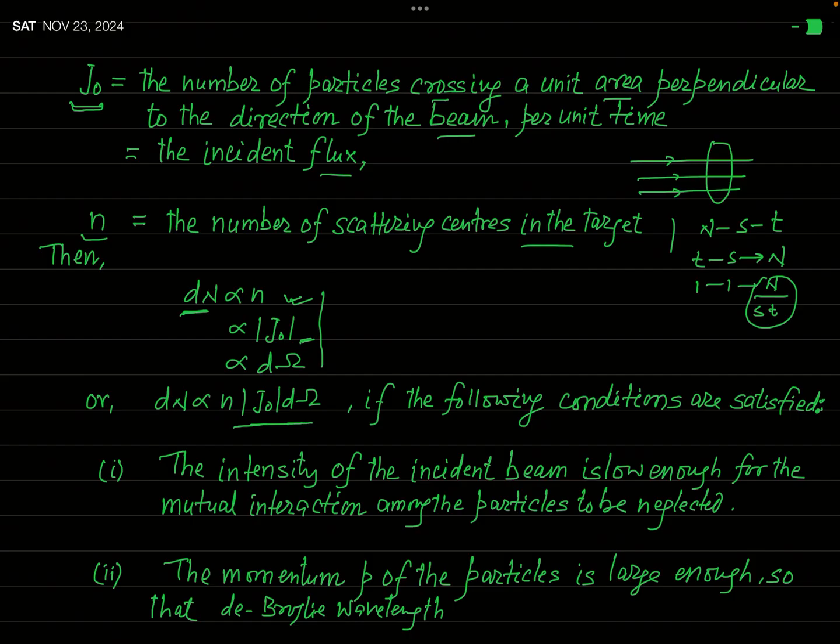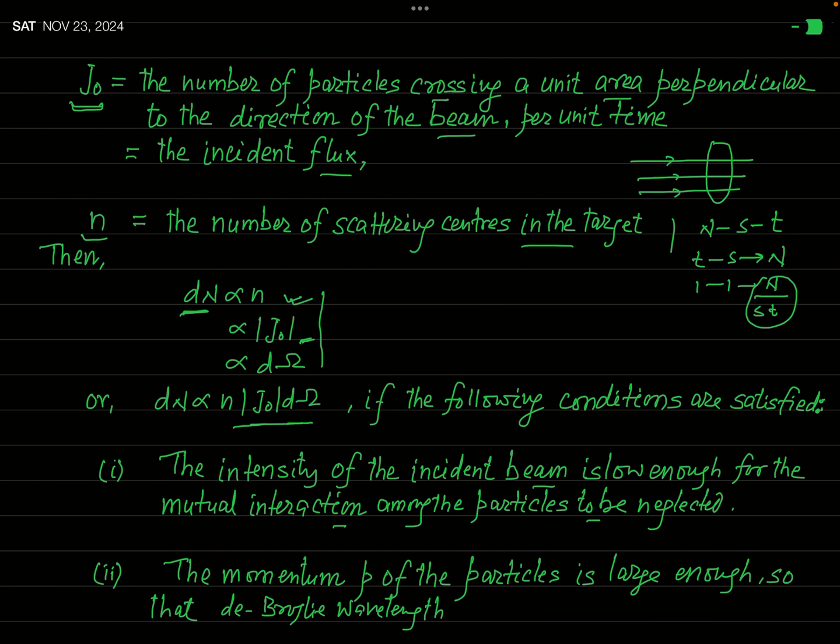And what are those conditions when this relation will hold? The first one is that the intensity of the incident beam is low enough for the mutual interaction among the particles to be neglected. When you say intensity, what does it mean?